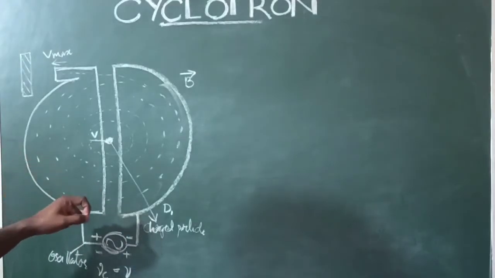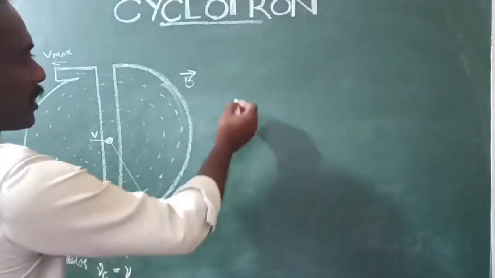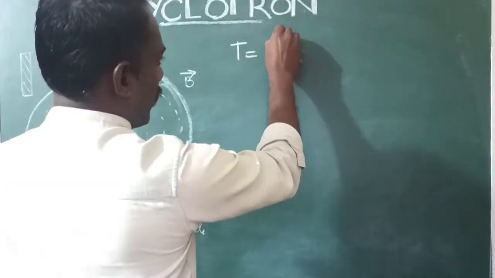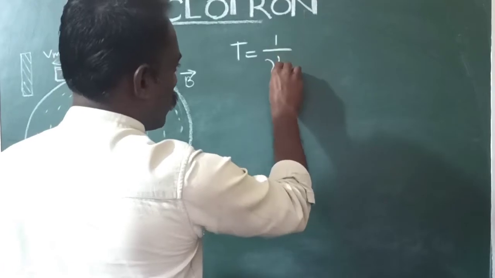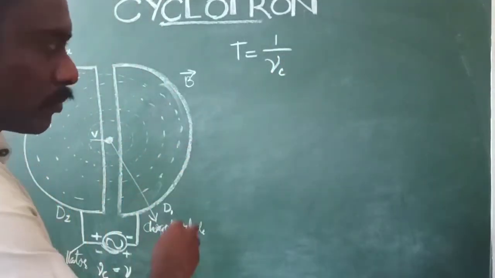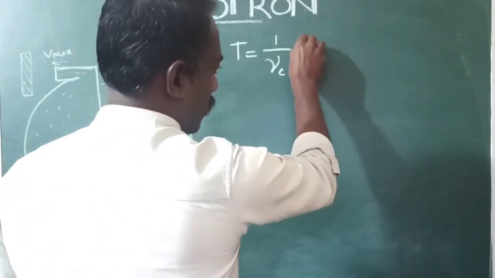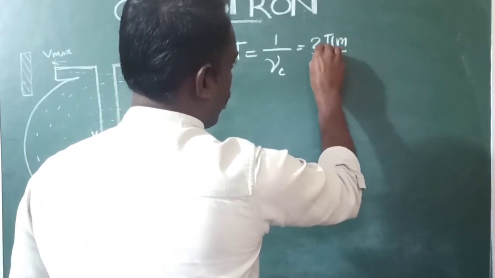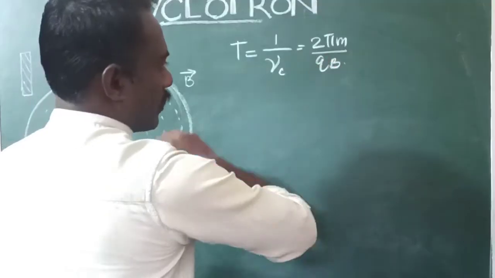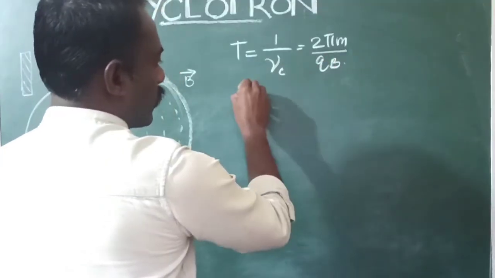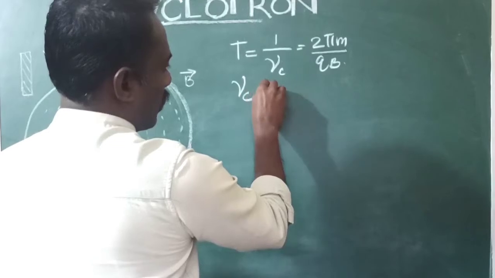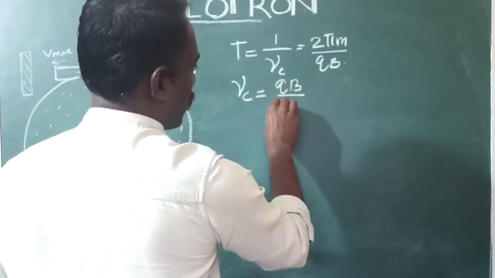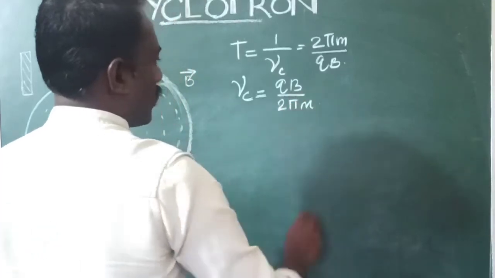The time period of this circular path is T, and T is 1 by nu c, the reciprocal of the frequency, and T is equal to 2 pi m divided by qB. From this equation, the frequency of the cyclotron can be written as qB divided by 2 pi m.